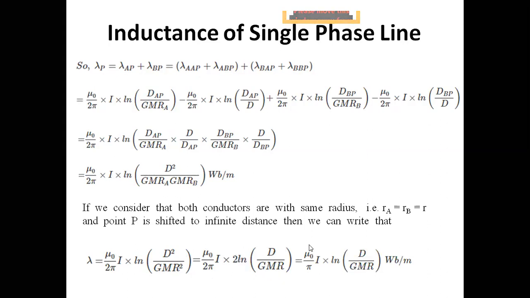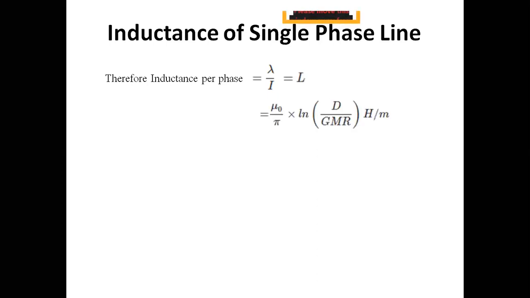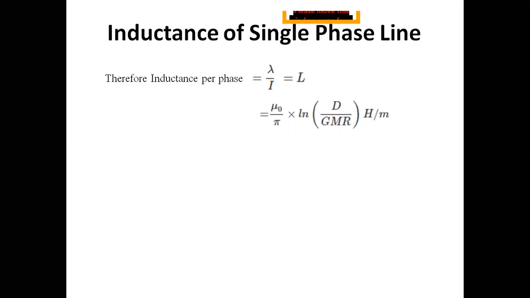The 2 will cancel out, and finally you have mu naught by pi into I ln D by GMR. So the inductance per phase, that is lambda by I equals L, is mu naught divided by pi into ln D by GMR. So this is the inductance for a single phase two-wire system. In the next topic, we are going to discuss the inductance for a three-phase symmetrical system.